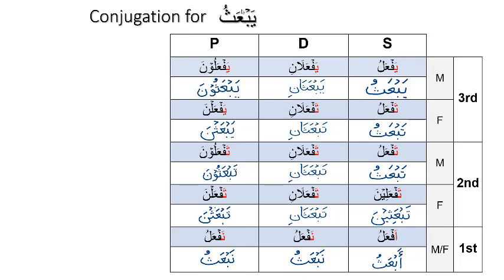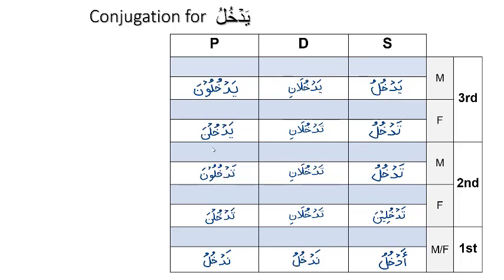Notice that here the ayn has a fatha, and therefore there will be a fatha on the ayn throughout. So in all these conjugations, there will be a fatha on the ayn. Next we have yadkhulu. Here I have not shown you the yaf'alu conjugation.